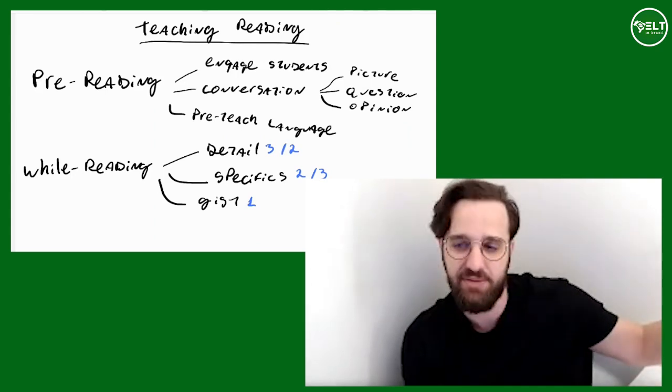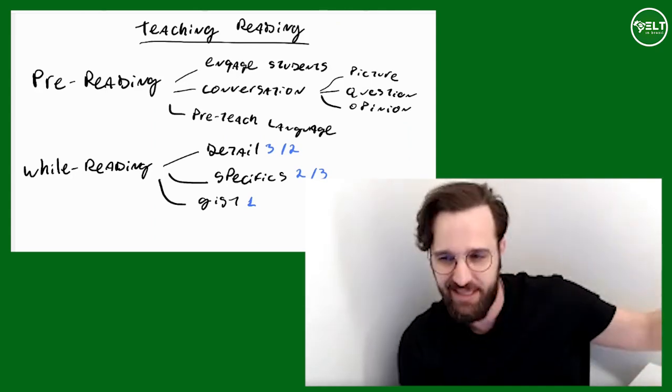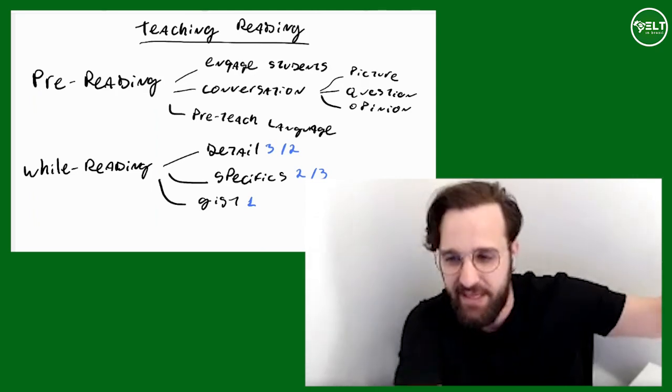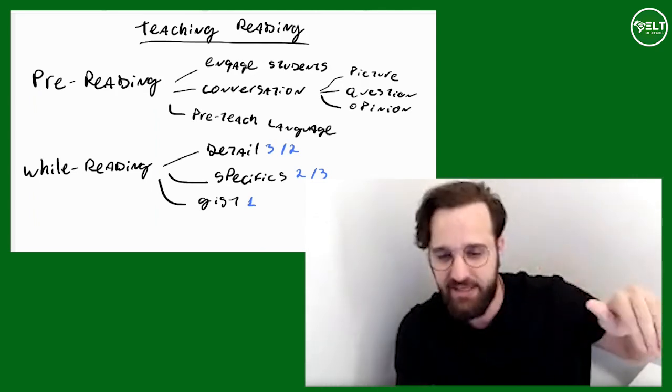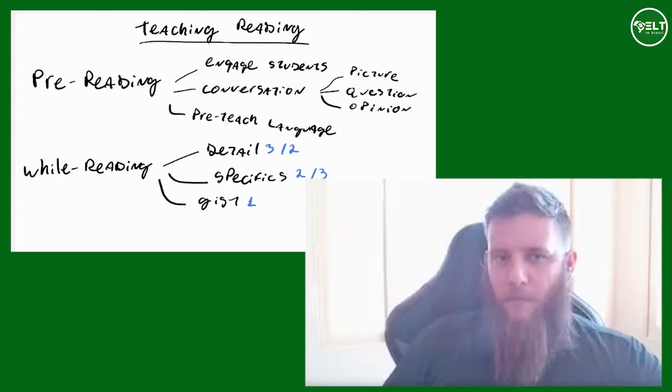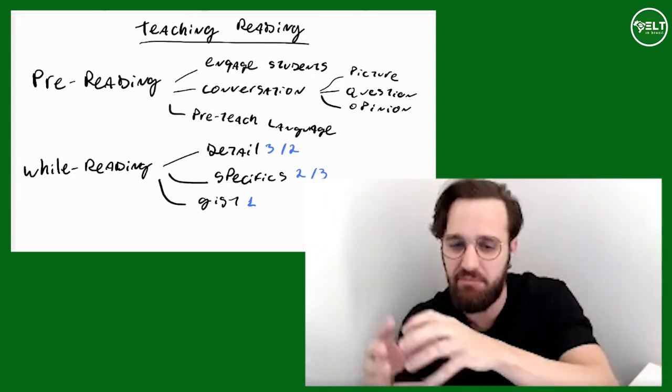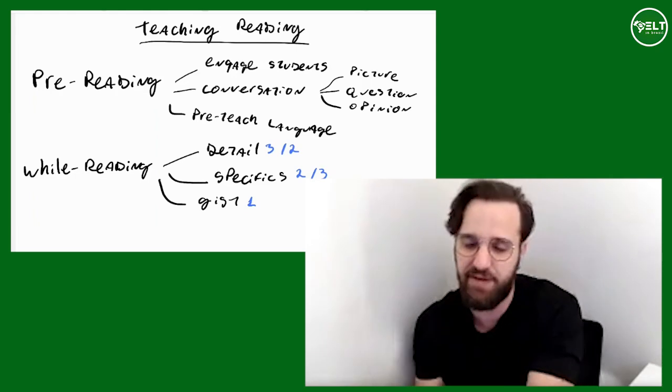And in the text, it's explicitly said that the person loves it. So you know the sentence is false. That's a bit easy. That's specifics. Specifics is also related to finding numbers, names in the text. Usually kind of there, easy to find.